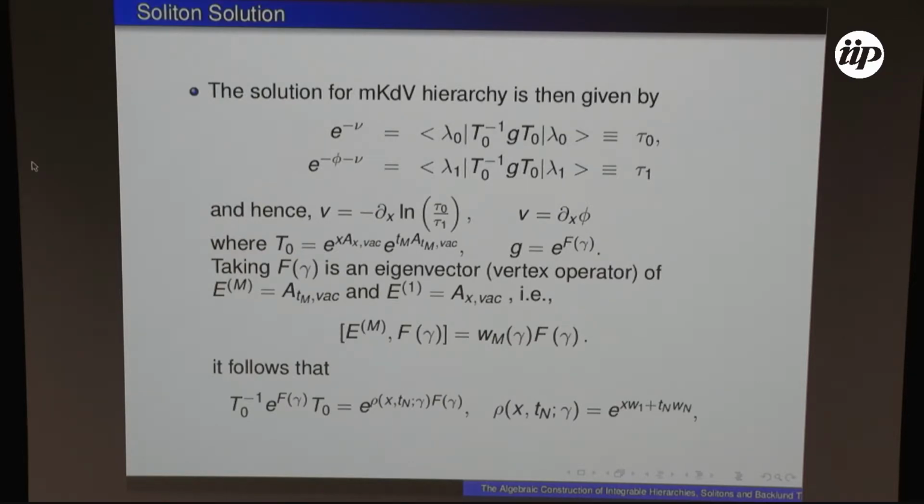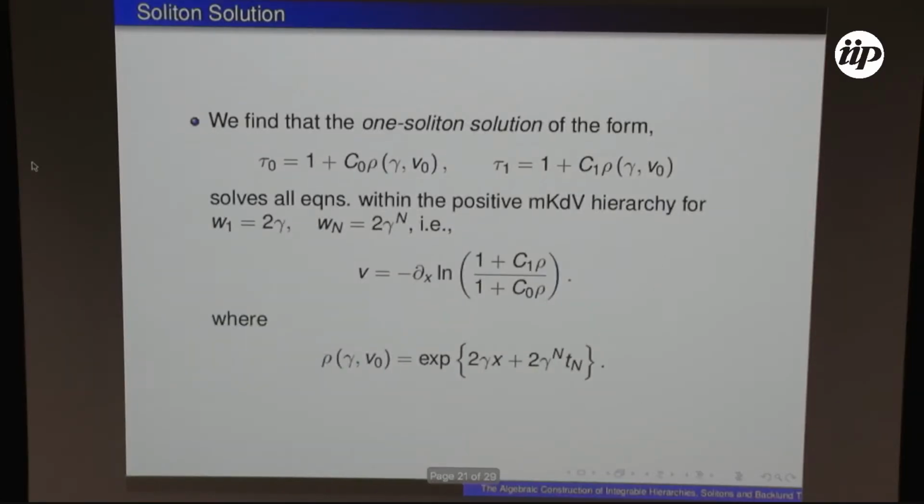So if F square is 0, the exponential of rho times F has only one term, linear in F. And if it's linear in F, your tau 1 and tau 0 are linear in rho, because I have already acted on the highest weight states. Your solution is given by the derivative of this log, and rho is given by this exponential, and you have explicit space-time there.